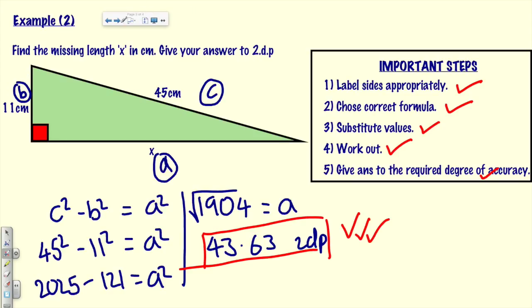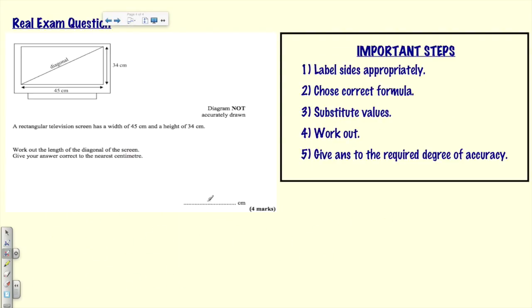So now that we've done two examples, we should be confident to tackle an exam question. Here is an exam question taken from the Edexcel exam. Let's have a read through and highlight any key information that we may need. So we need this diagram, obviously.